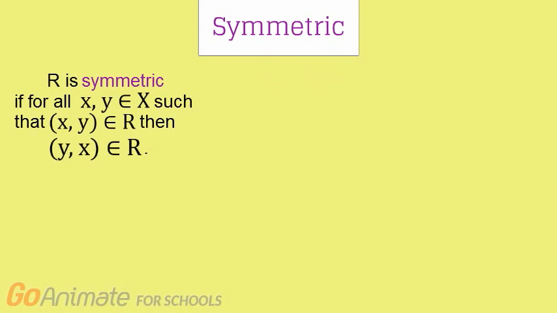Sometimes, in some relations, an element X is related to element Y if and only if element Y is related to element X. These types of relations are known as symmetric relations.